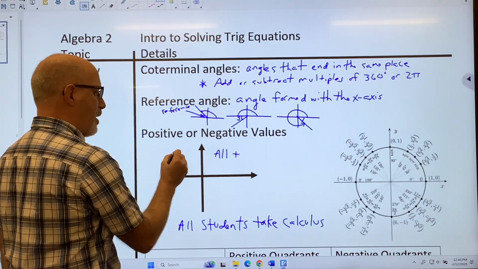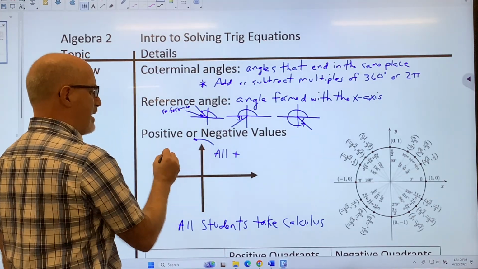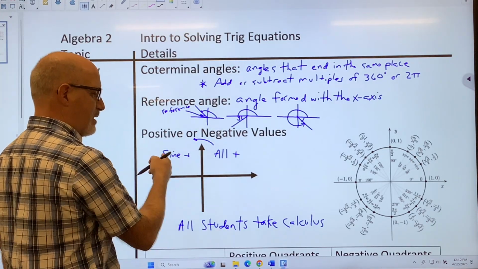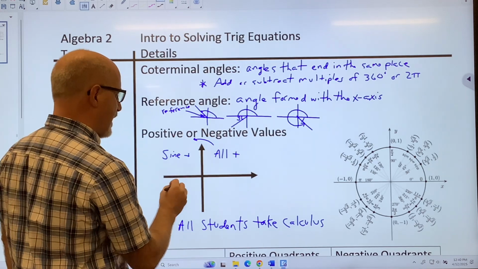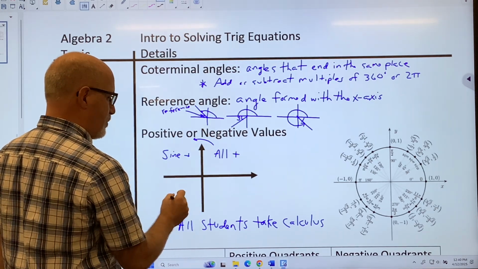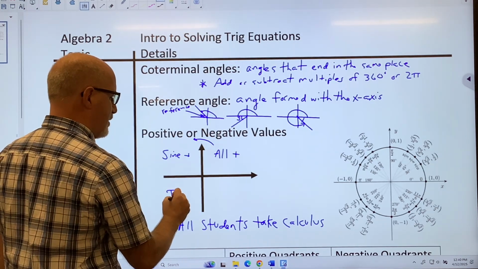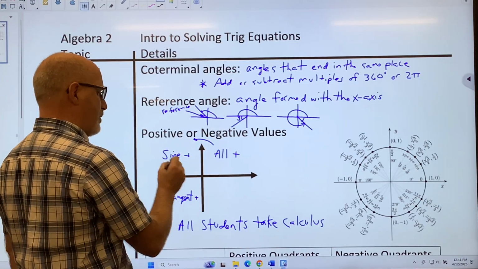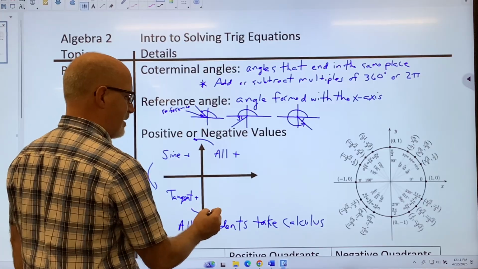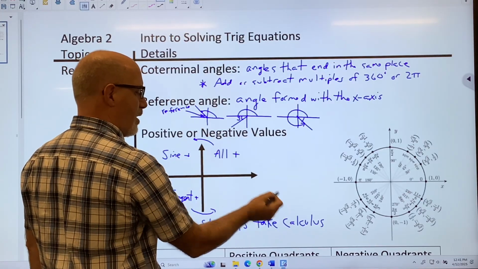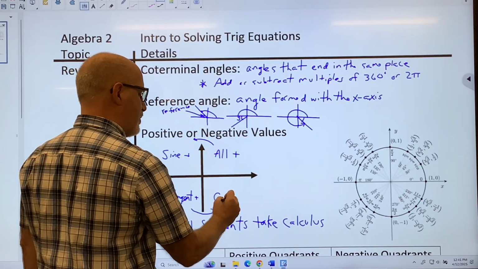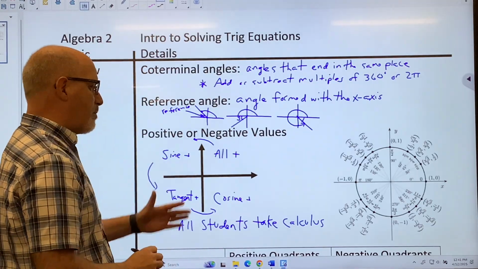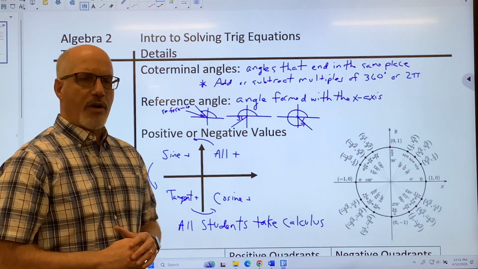In the second quadrant, so we're going this way, sine is positive, so All Students, sine is positive in second. In the third quadrant, this one is with the T, tangent is positive. And if you're wondering about reciprocals, it's for the reciprocals also. And then lastly, for the fourth quadrant, Calculus refers to cosine being positive, and its reciprocal. So that's how we remember which ones are positive in which quadrants.